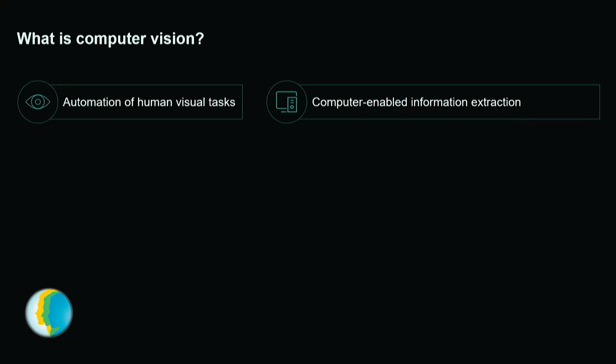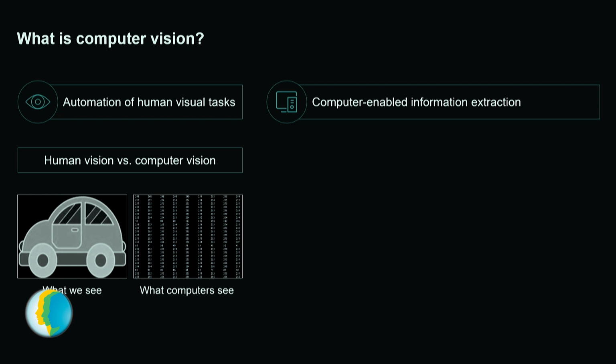So actually, what is computer vision? Computer vision is an interdisciplinary field which aims to automate human visual tasks. This is done by extracting meaningful information out of images or videos with the help of computers. So how does this work?